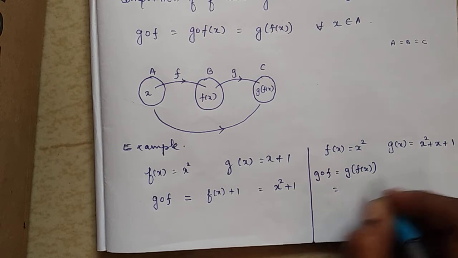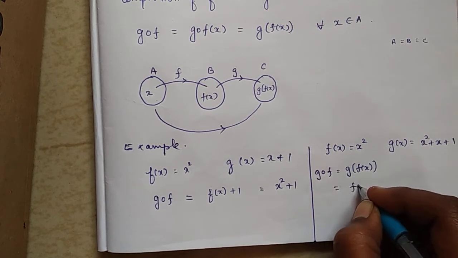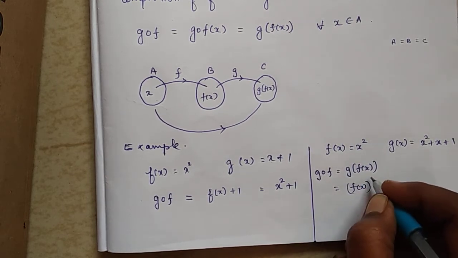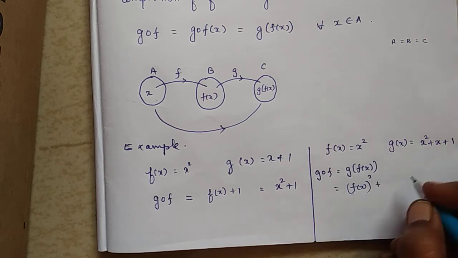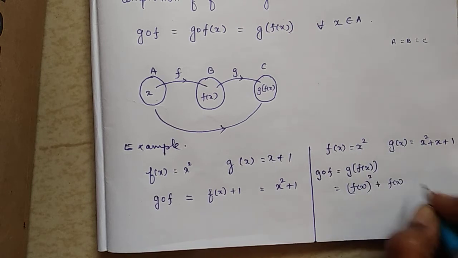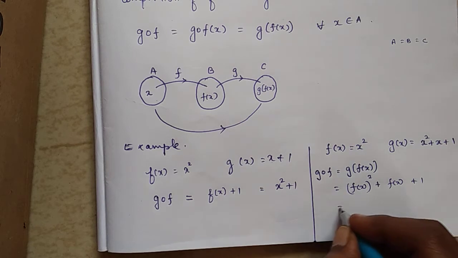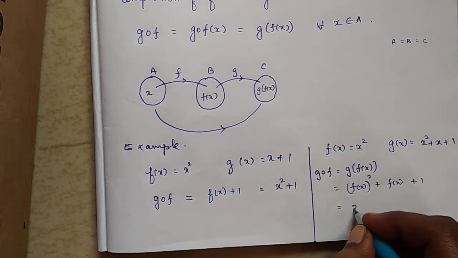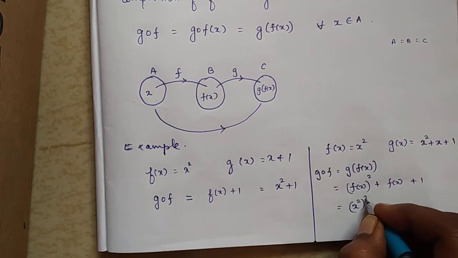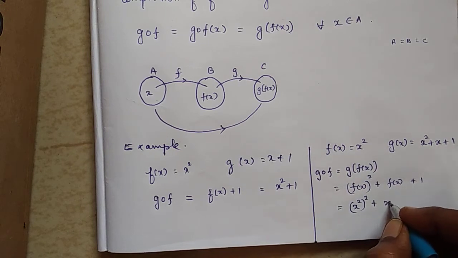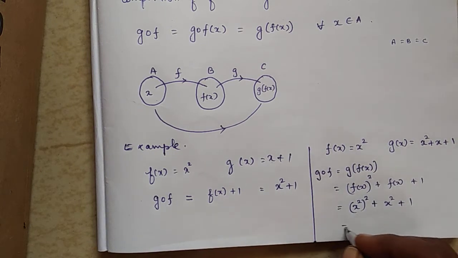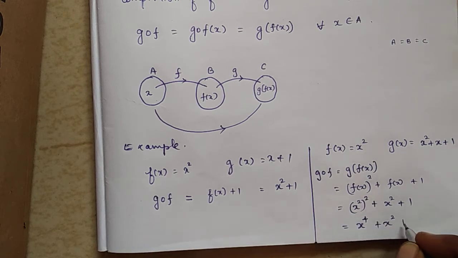In the place of x I have to replace f of x, so f of x whole square plus f of x plus 1. Now what is my f of x? x square. So x square the whole square plus x square plus 1, which is equal to x power 4 plus x square plus 1. This is relating two different functions.